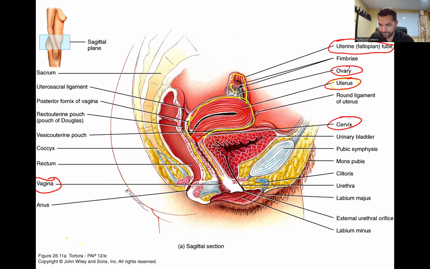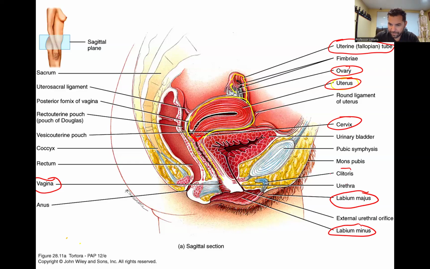And we see some structures towards the outside, covering the female reproductive system and urinary system, called the labia majora and labia minora. You can call them the labia majus or minus.